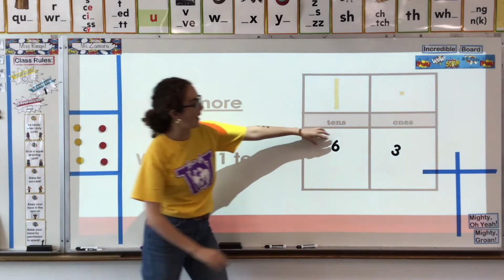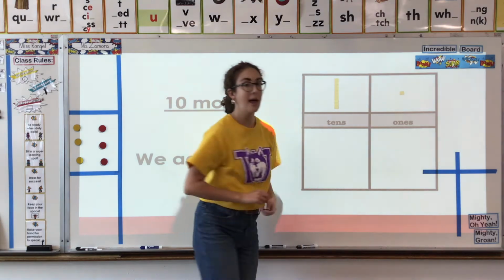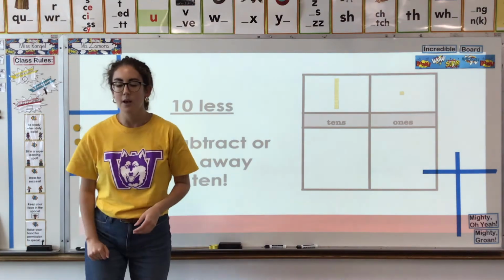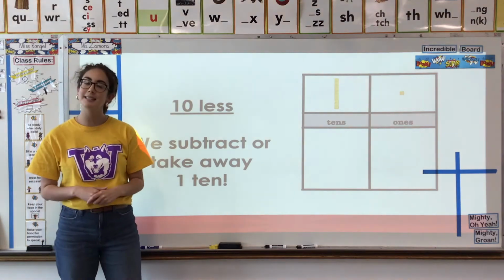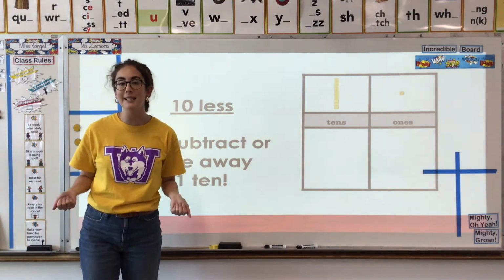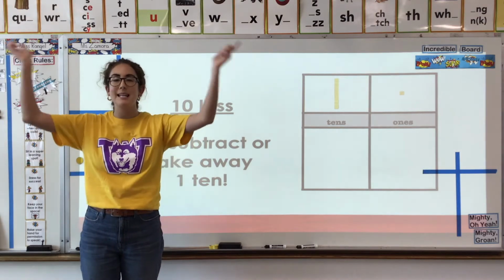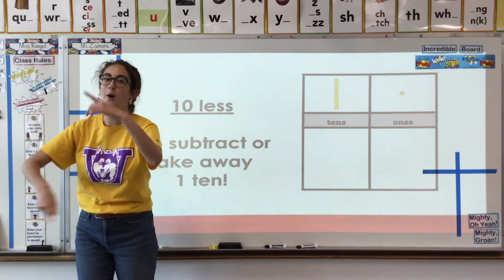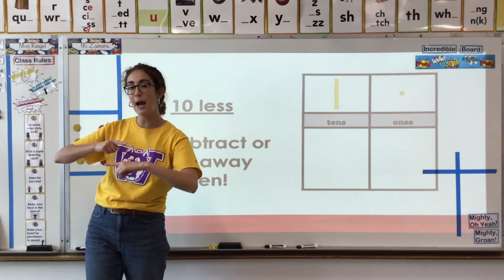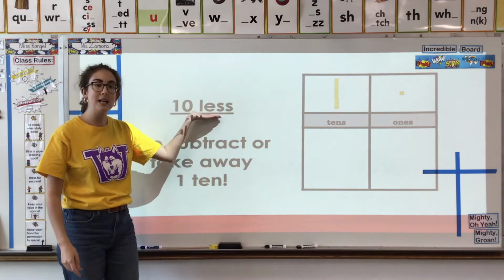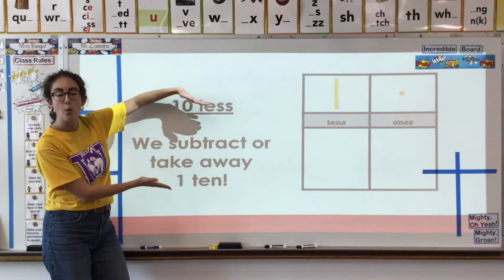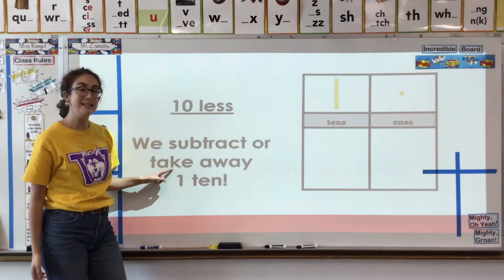Okay, what about if we want to talk about less, that vocabulary term? So we have 10 less. When we're talking about less or 10 less, we're skip counting down the number line or we're skip counting backwards. Every time we skip count backwards, we're taking away 10 each time, and we subtract or take away 1 ten.